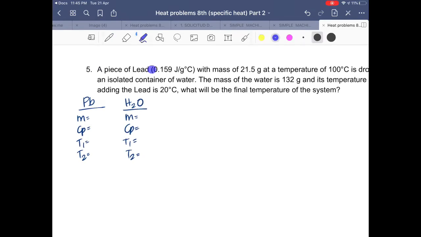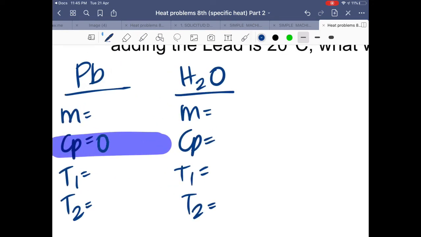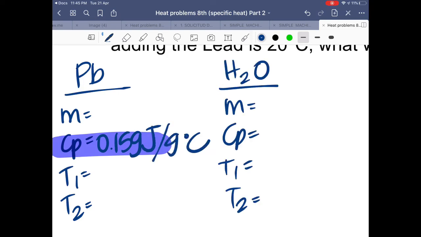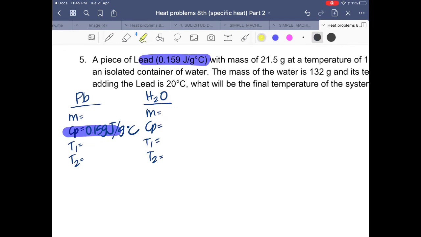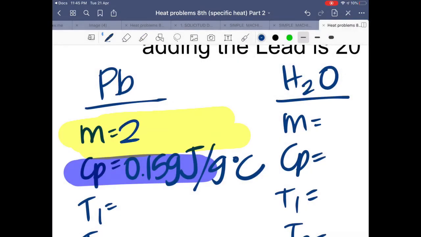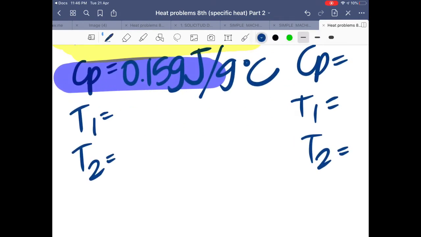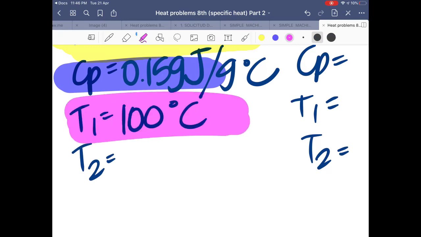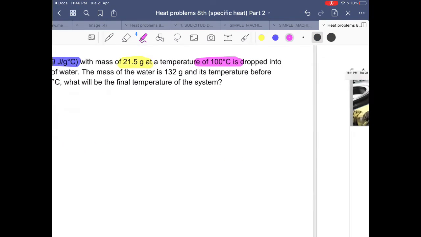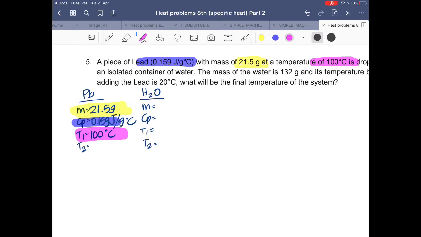They're giving you the specific heat of lead, which is 0.159 joules over grams per degree Celsius. Then you have a mass of 21.5 grams, (100 degrees Celsius). Then they're telling you that the mass of the water is 132 grams.